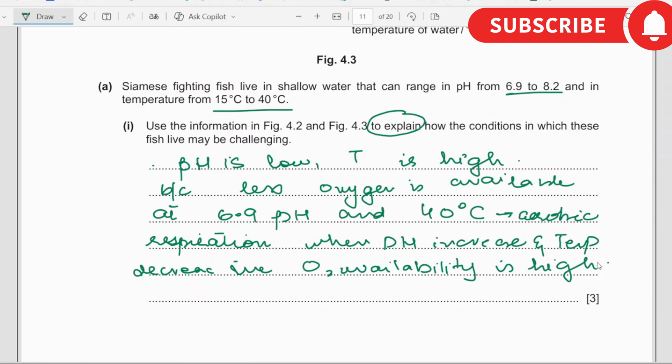If you want to give the values, because they have given the information, you can write it, but your main focus should be on explanation. Don't write the whole thing like a 3 mark description. Just give a single point: this is the highest value, this is the lowest value. Just like we mentioned 6.9 pH or 40 degrees Celsius, we can also mention when the pH increases to 8.2 and the temperature decreases to 15 degrees Celsius. This is how we code the data.